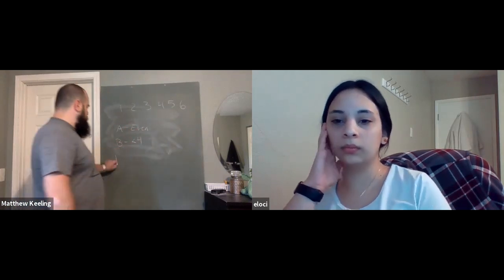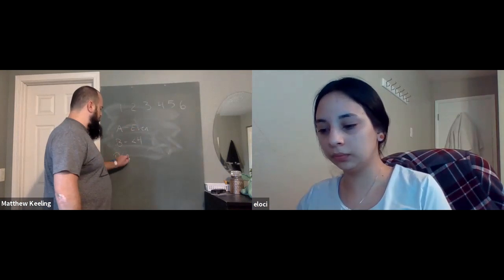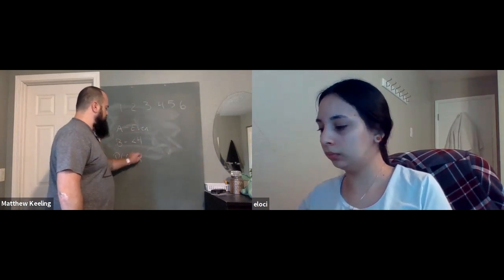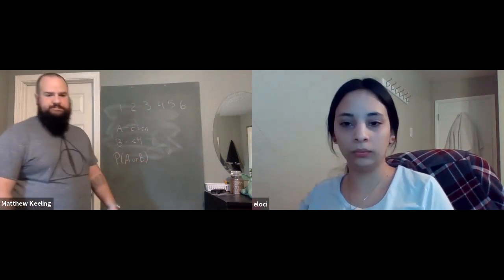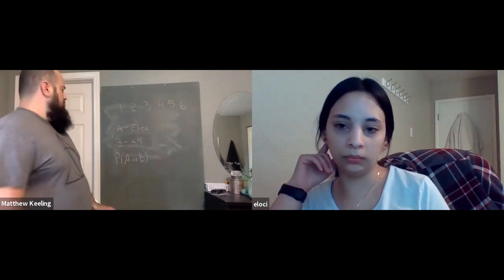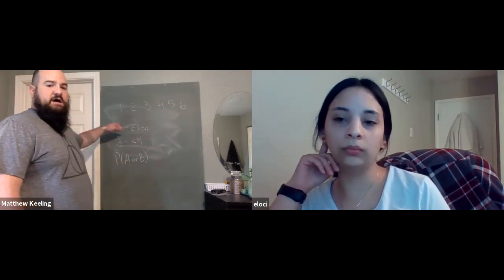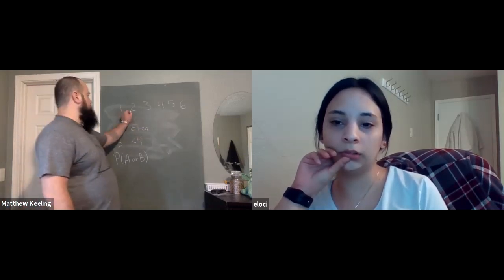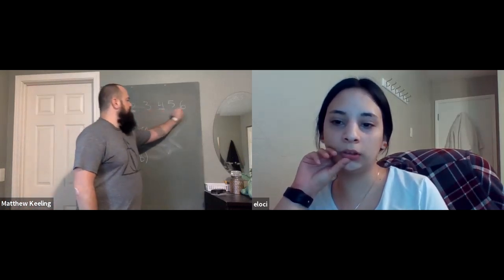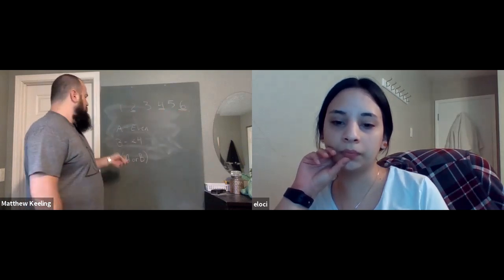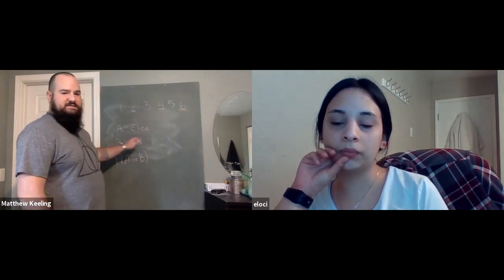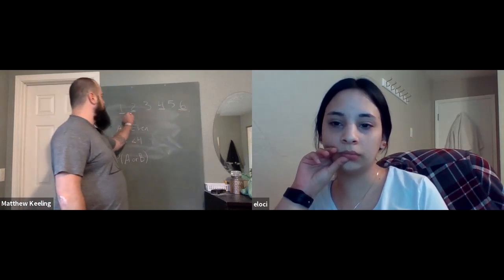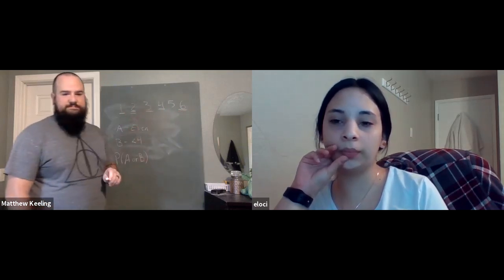So I want to find what's the probability that we get A or B. So I'm going to underline anything that falls into event A. Event A is getting an even number, so that's 2, 4, and 6. Event B is getting something less than 4, so that's simply 1, 2, and 3.